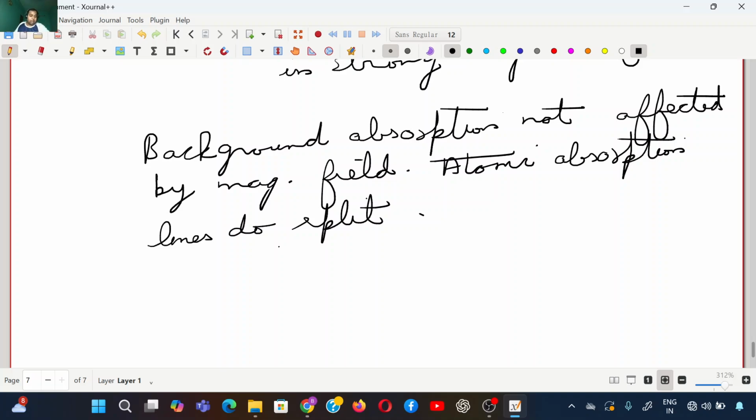This difference allows us to separate the analyte signal from the background.